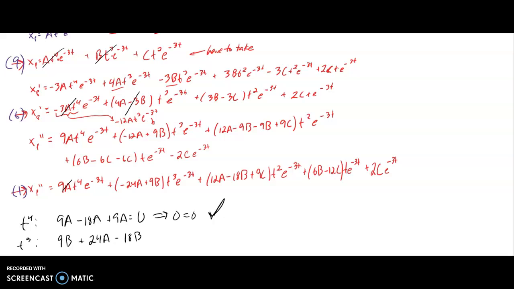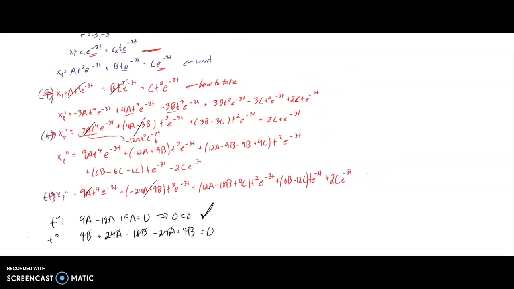Let's get it multiplied by 6. And then my t cubed term here. All right, so I get 1 times that. So I get minus 24a plus 9b. And again, plus 9, minus 18, 24, minus 24. All that is equal to 0. Or I set it equal to 0.